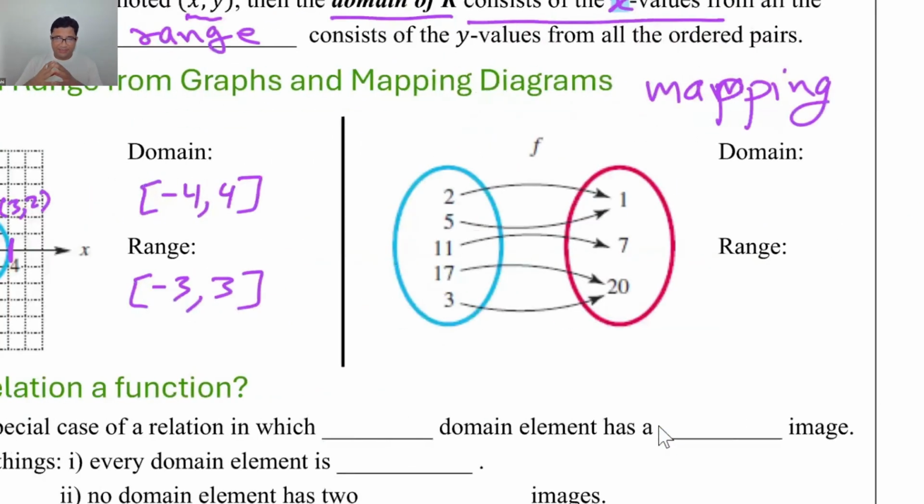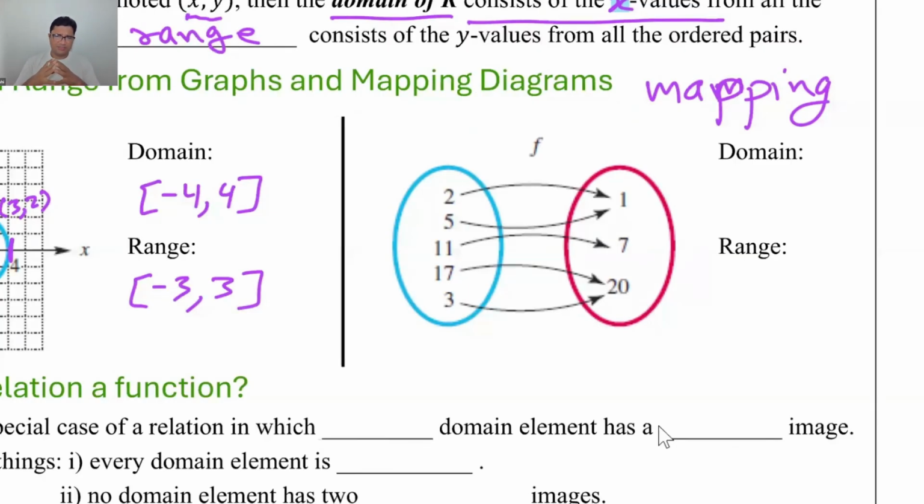Another way to represent relations is mapping diagrams. Again, it is possible especially if the set is finite, or even if it is an infinite set, it is countable, like natural numbers, distinct numbers, and there is a clear rule for how a number is mapped to the other side.